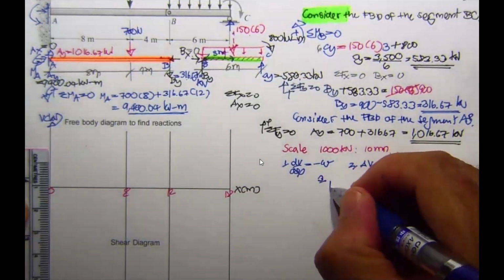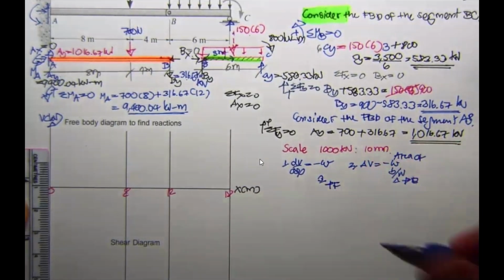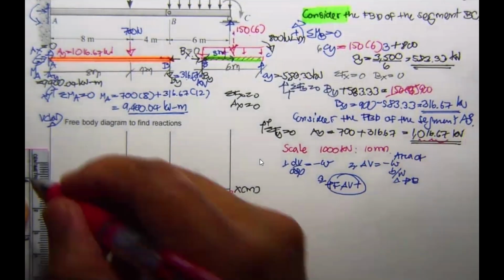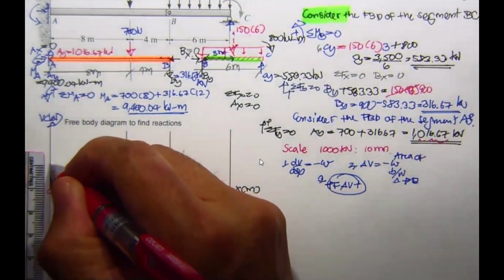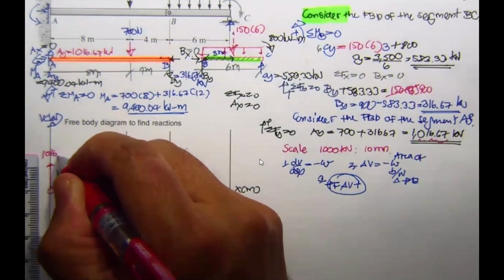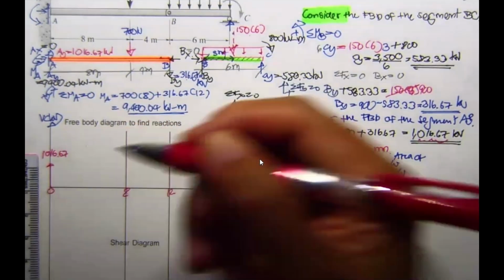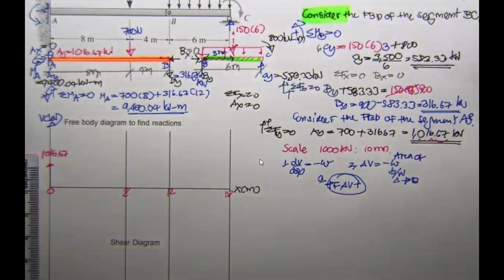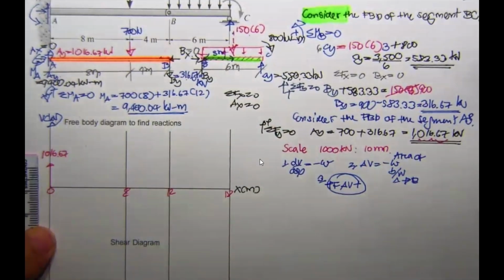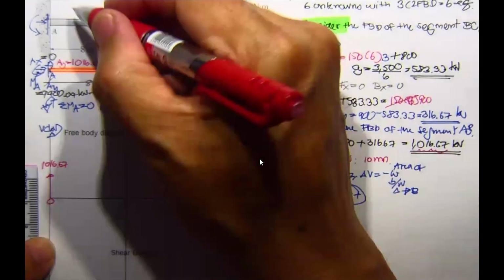We have an upward force, and our delta V is going to be positive. Start with this value, 1,016.67 kilonewton. You don't need to put kilonewton because it's already here. Then W here is 0.